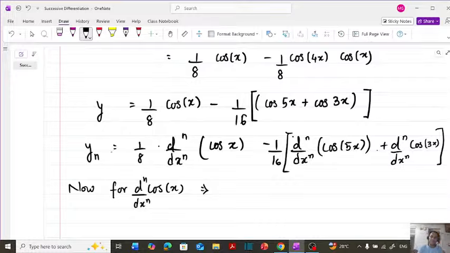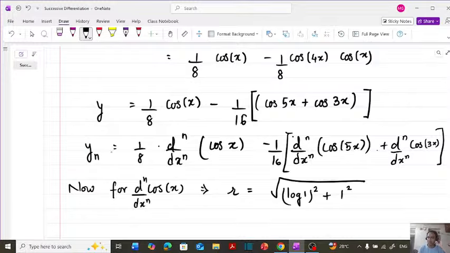So your radius formula has become the square root of log 1 squared plus 1 squared. Log 1 is 0, 0 plus 1 squared is 1, the radius is 1.